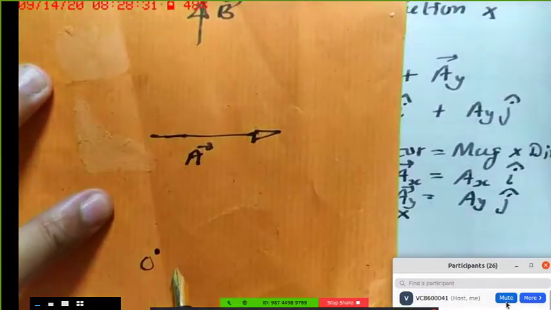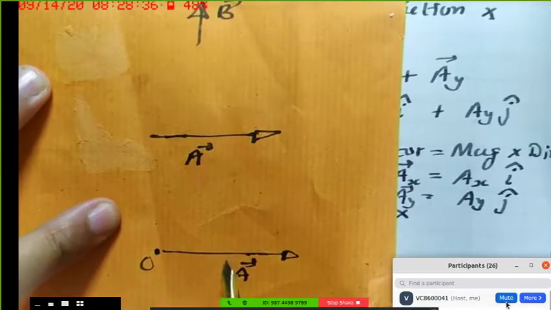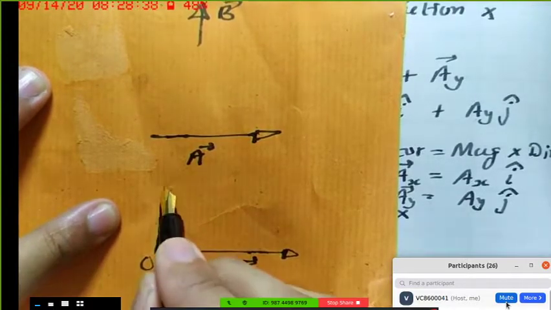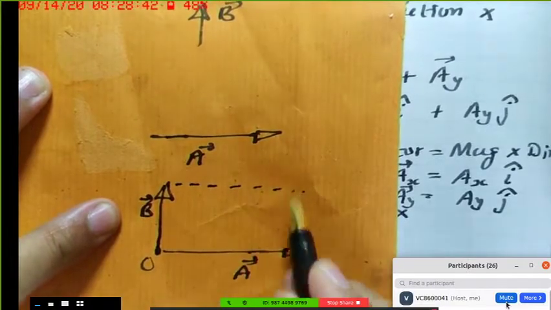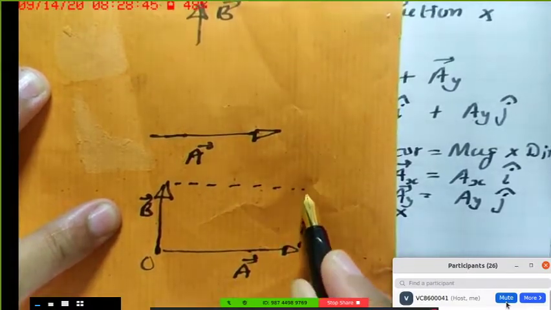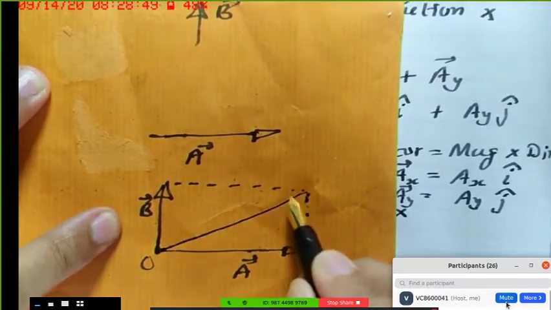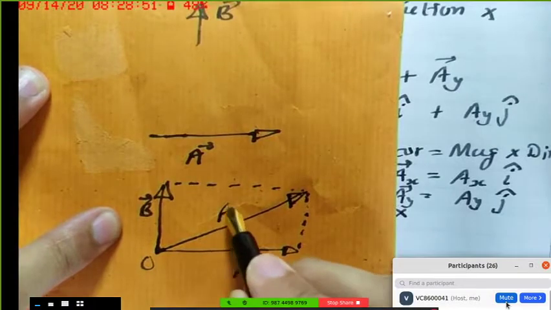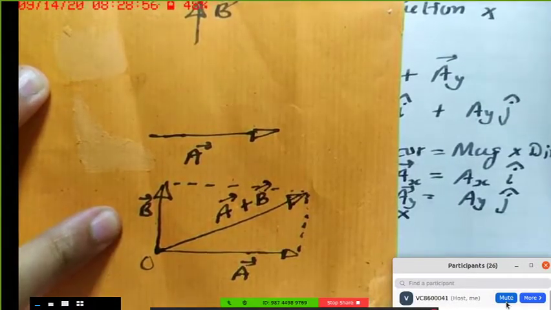Fix a point O, draw vector A, from the same point draw vector B, then complete the parallelogram, and then connect O with the opposite vertex. This is the resultant vector A plus B. This was called the method of parallelogram. Am I right? Hello, Manya?